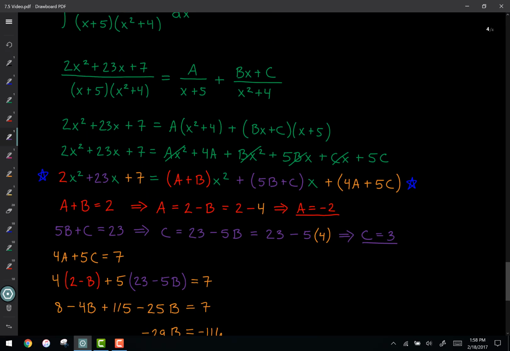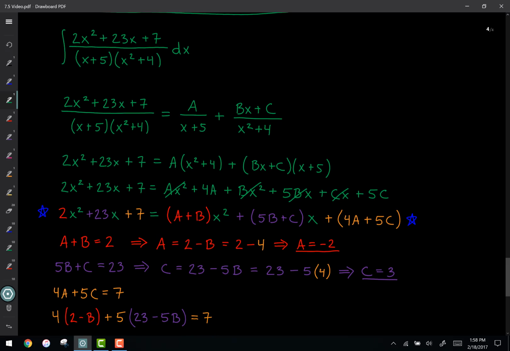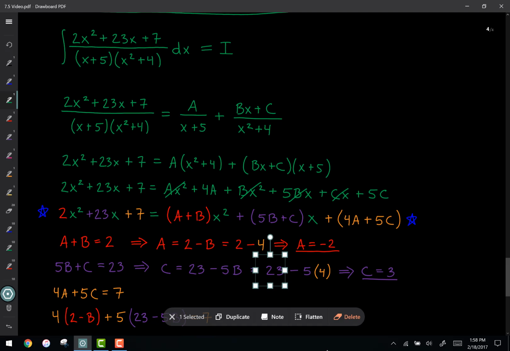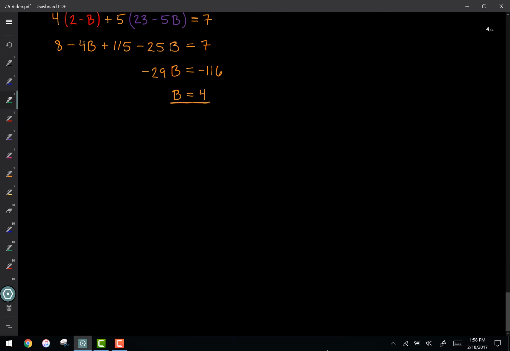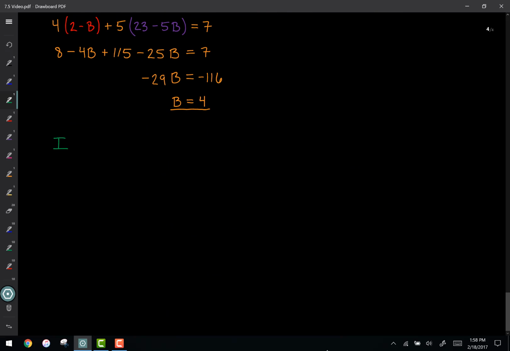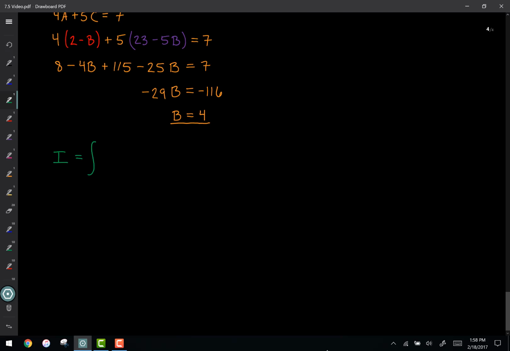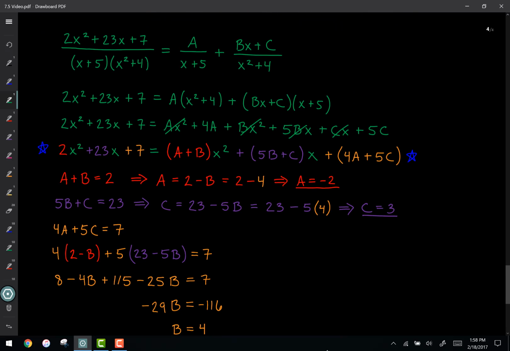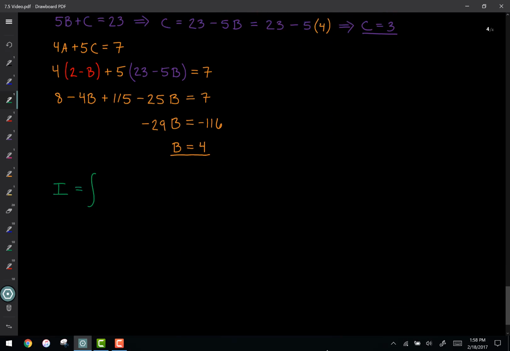We can integrate now. Because our integral that we're interested in, and again, I'm going to be ultra lazy here, I is equal to the integral of, what did we have? A over x plus 5, where a was negative 2.